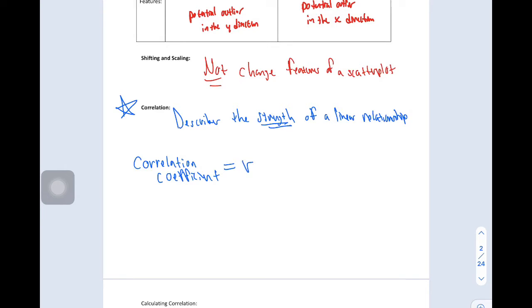And this is also called R. And what this guy does is it tells us how strong that association is. How strong is that linear relationship? And it tells us on a spectrum from -1 to +1. I'll give you some examples here in between.